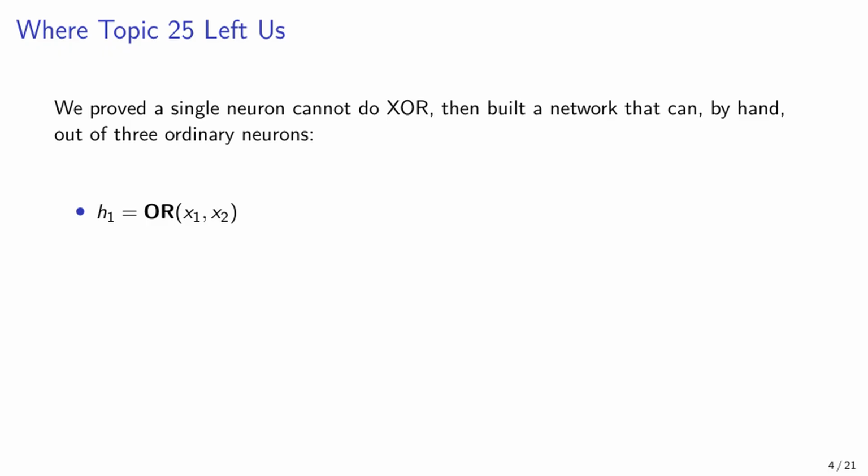It fires when at least one input is on. The second hidden neuron computes NAND, which is not AND. It fires unless both inputs are on. And the output neuron computes AND of those 2.